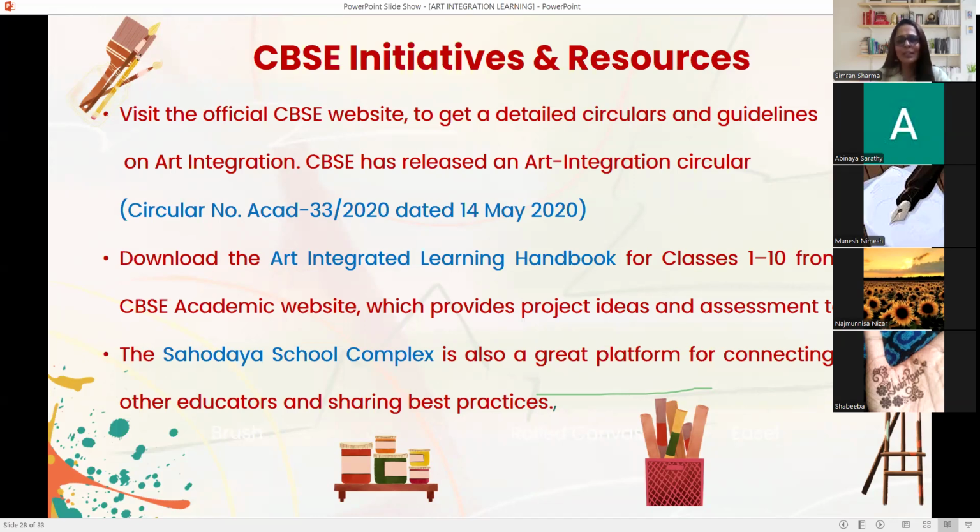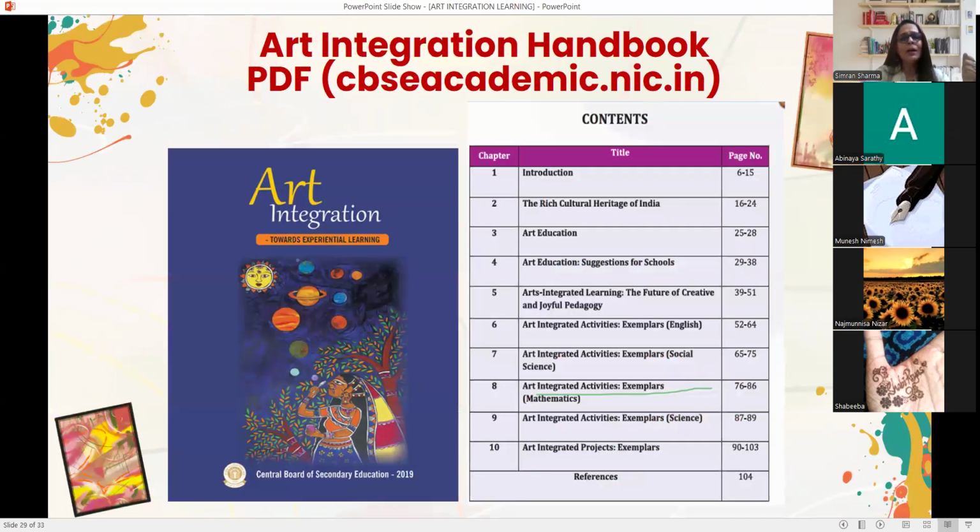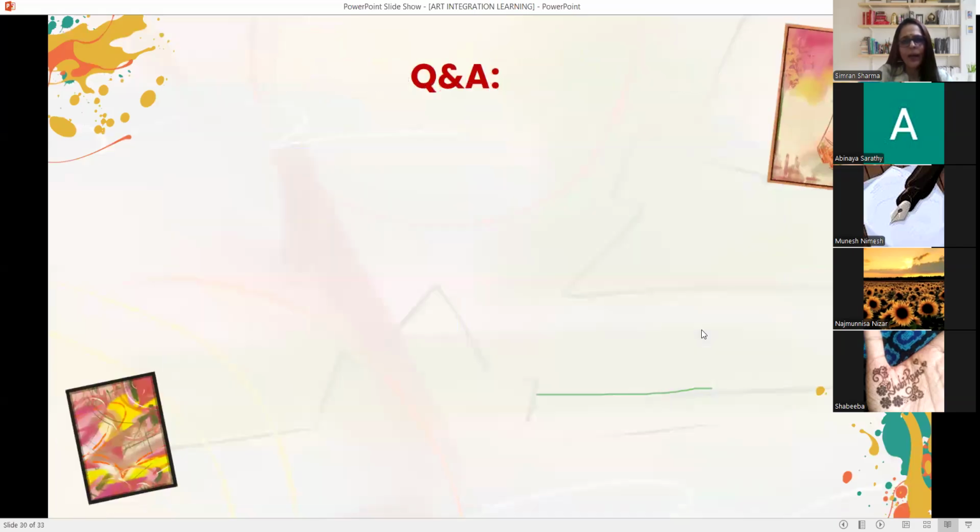When you interact with other teachers, we also learn a lot, it's a huge insight for us, and we get motivated looking at others' ways of teaching and practices. Now, this is how the cover of the art integration handbook looks, and these are the topics and titles of the content covered in the book.